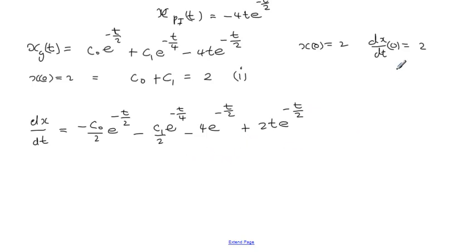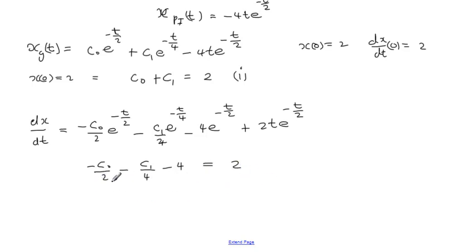But now we're told that when you evaluate the derivative at 0, we still get 2. In this case, the exponentials e to the power 0 will give us a 1 each. Then we're left with minus c0 over 2 minus c1 over 4 minus 4 times 1, that is equal to 2.